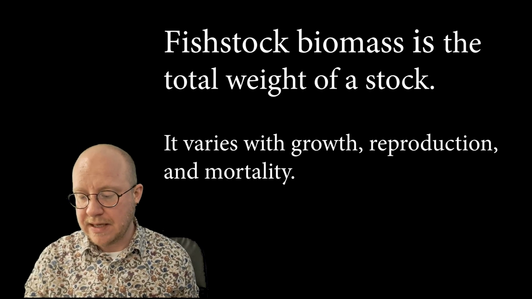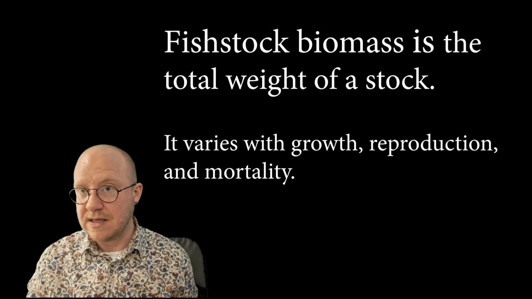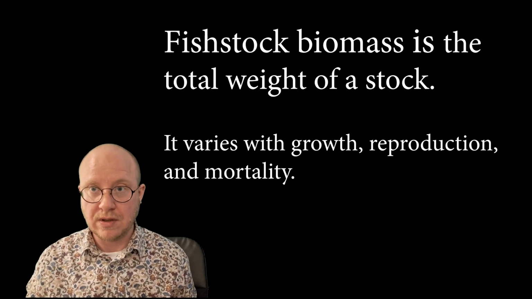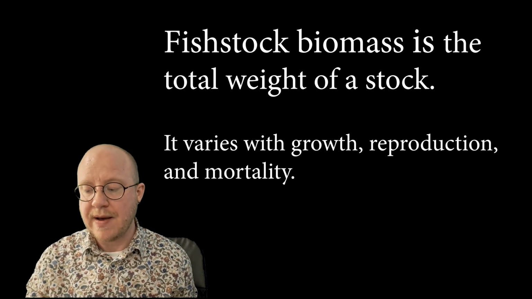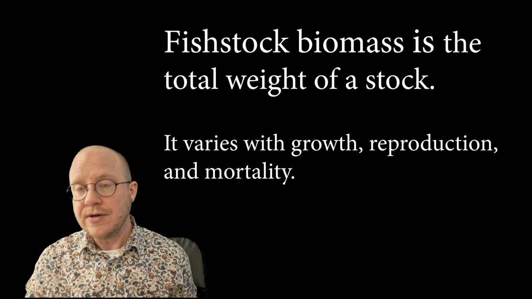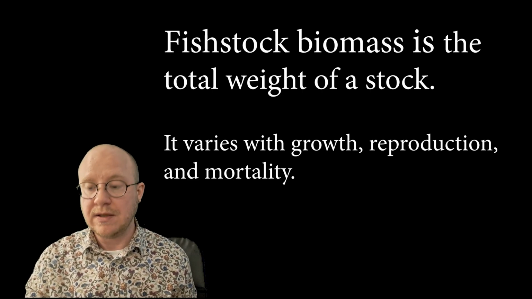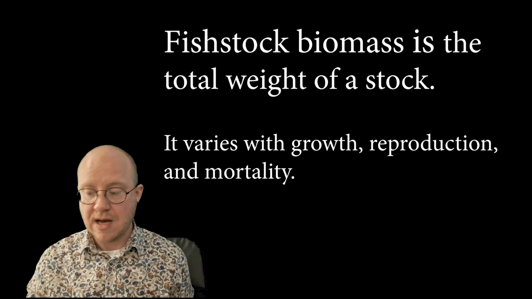For fished populations, the number of fish that are caught or killed by fishing activities, there's ghost fishing and bycatch and all other reasons that they could die, affects the size of the total biomass of the stock. As large numbers of fish are removed from the population, the reproductive potential decreases and eventually the population decreases in size.